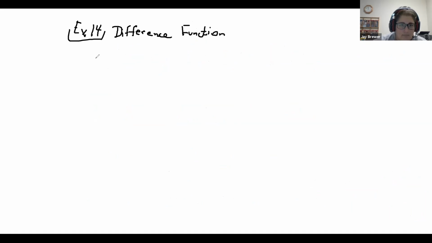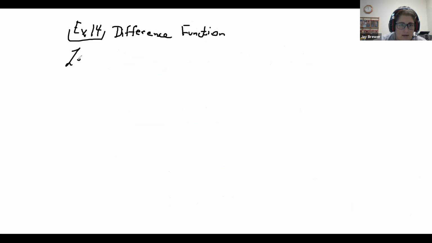All right. So we are going to look at example 14. Right? And this is actually called a difference function. Okay, so it's very similar to the sum function we did.